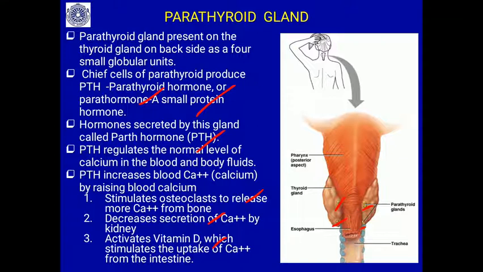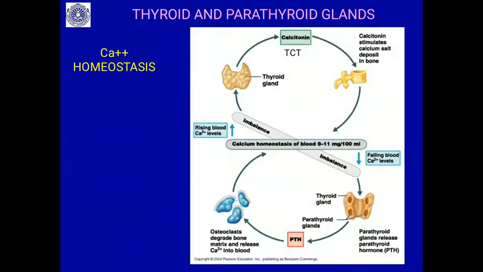It is maintained jointly by TCT and PTH: TCT by the thyroid and PTH by the parathyroid. The balanced level is about 10 to 17 mg of calcium per 100 ml.